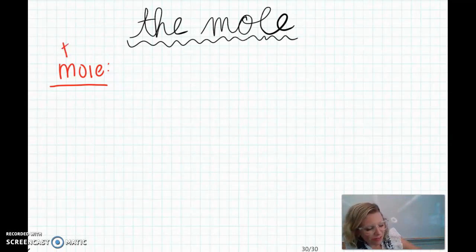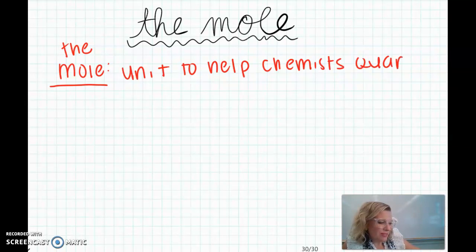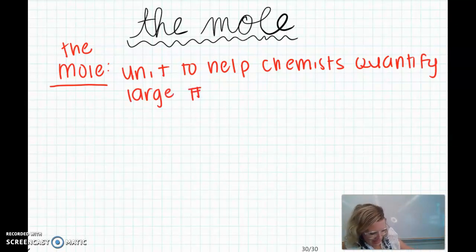But the mole is a unit to help chemists quantify large numbers of particles.